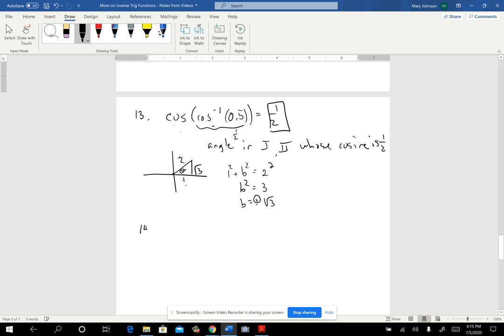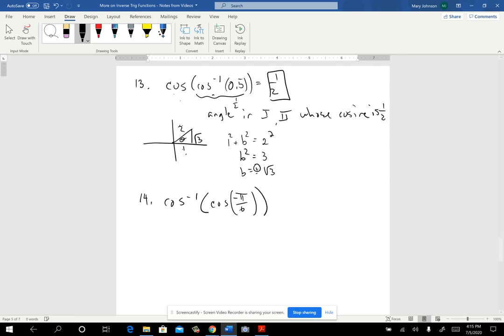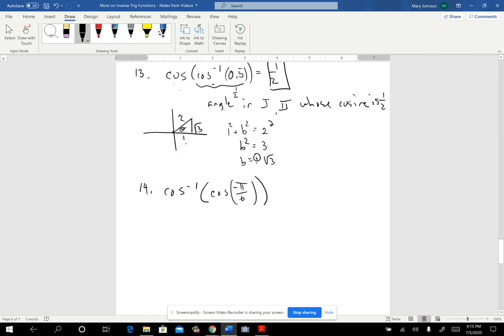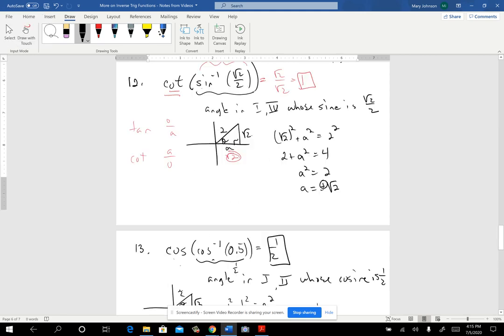All right. Let's look at 14. Here we got cosine inverse of the cosine of negative pi over 6. All right, so let's think about this. So negative pi over 6, that would be this way, pi over 6. Okay, so you can go to your unit circle, and you know that's also a 30-degree angle, but in the negative direction.